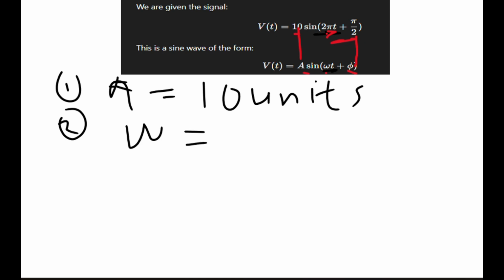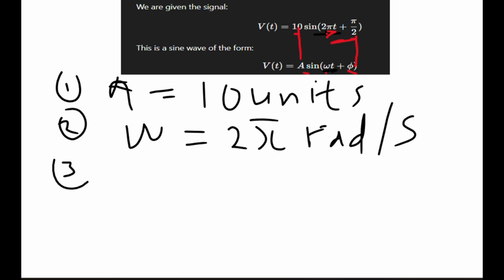Yes, then we have our angular frequency also to be equal to 2 pi rad per second. And then 3, we have our frequency to be 1 hertz. Good. And then don't forget our period. Our period was 1 second.